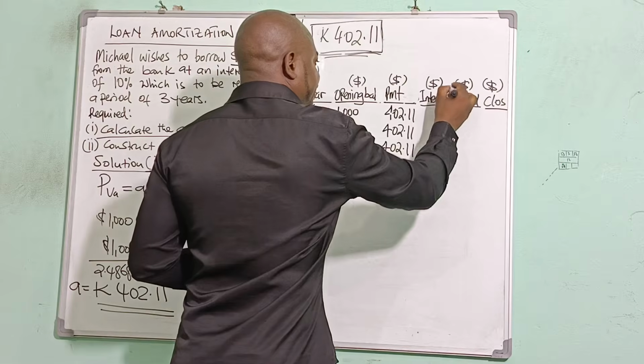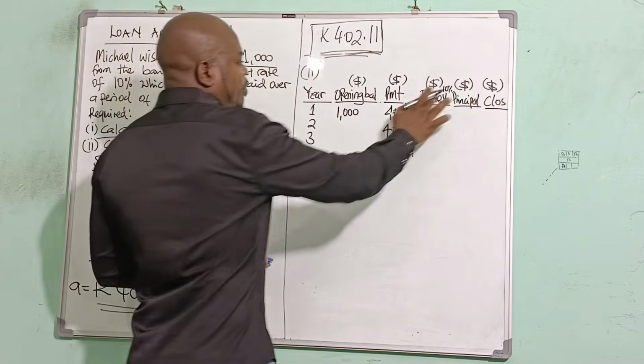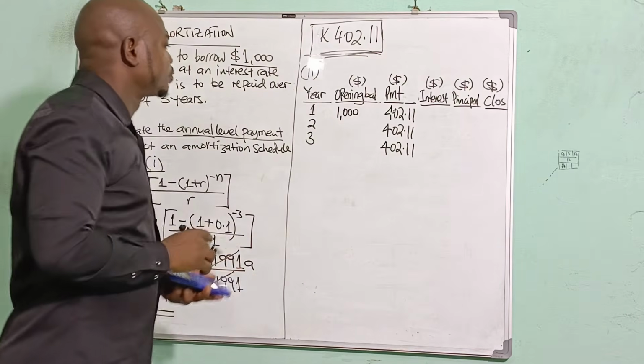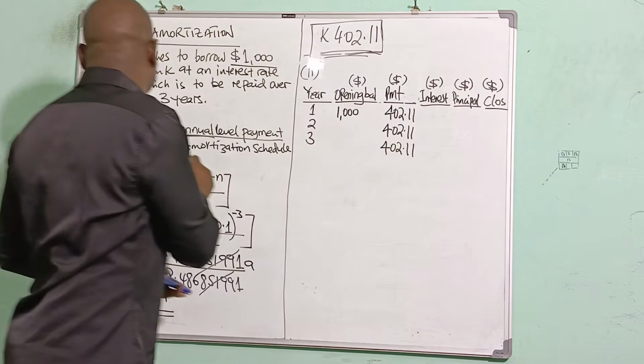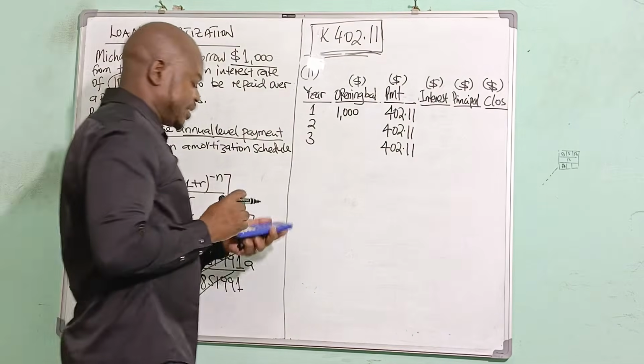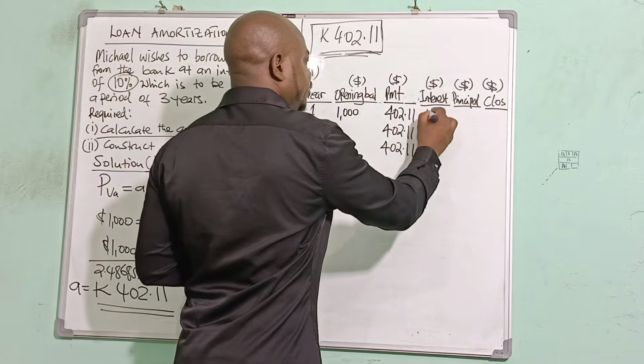The interest is pitched at 10%, so I'm basically calculating 10% of the 1,000. That's the interest that pertains to this loan. So 10% of 1,000 gives me 100.